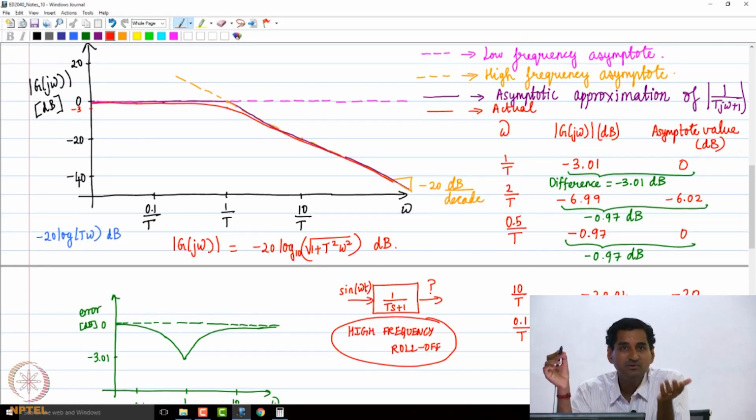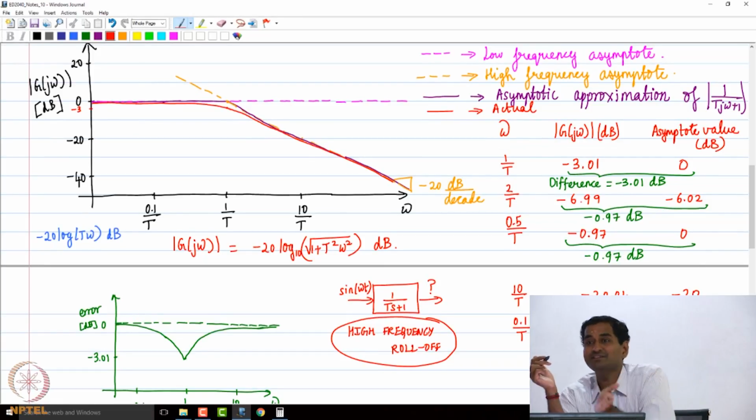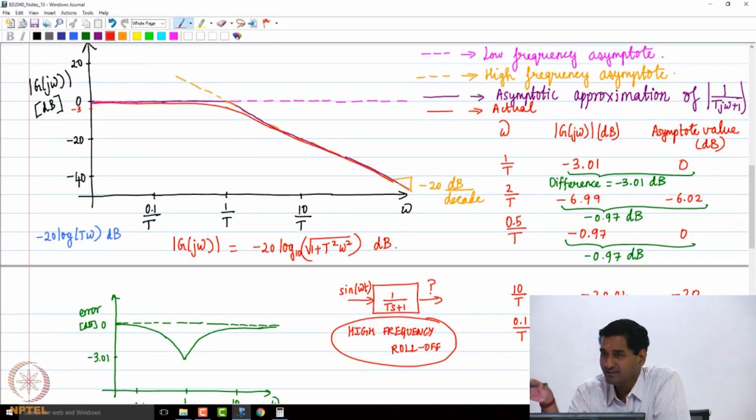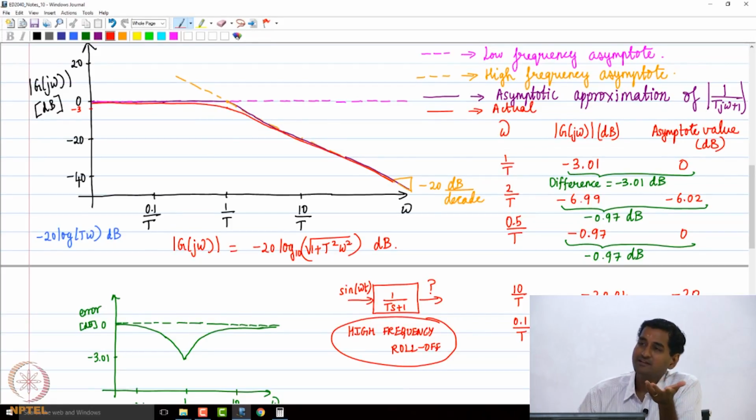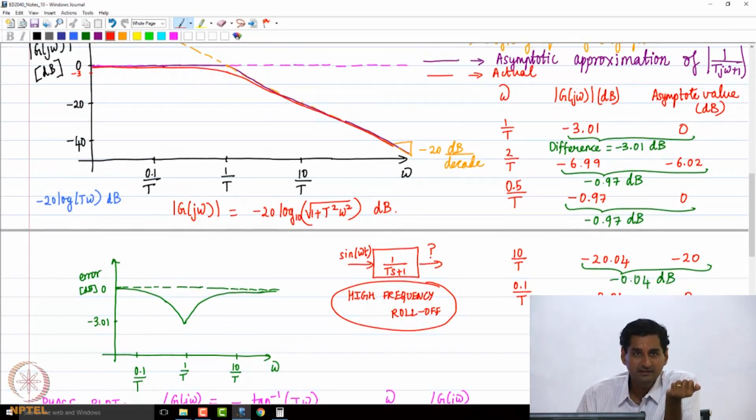So the magnitude of the sinusoidal signal with a frequency of 10 by capital T is going to be 1/10 at the output. So you can immediately see that you are having low pass filter action. It's attenuating high frequency signals, with 1 by capital T being the cutoff frequency. You can immediately see that the definition of bandwidth also applies.